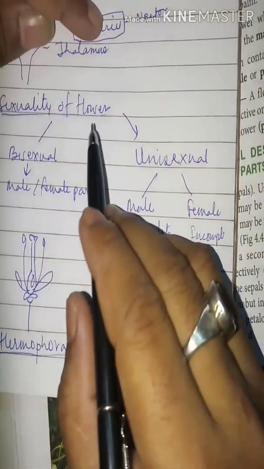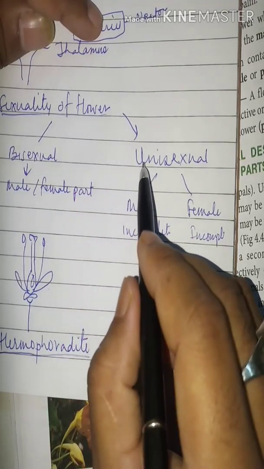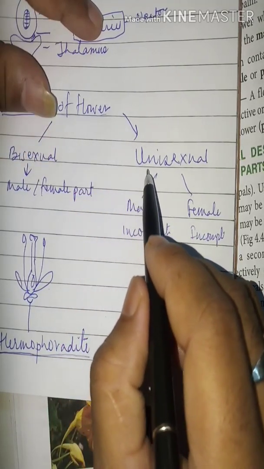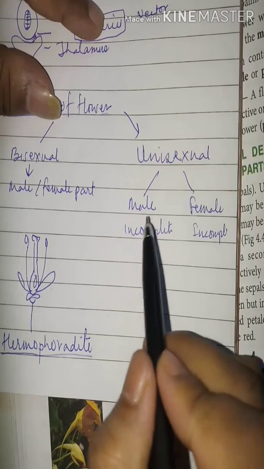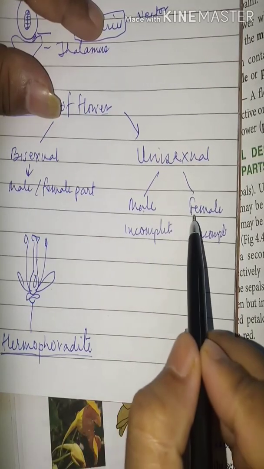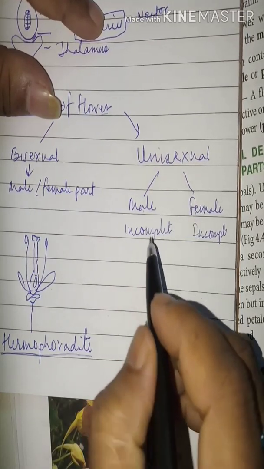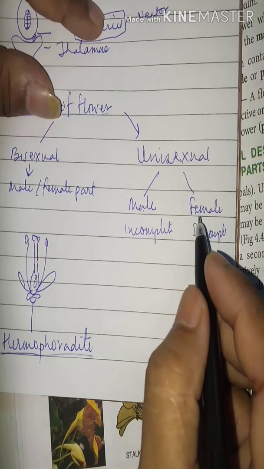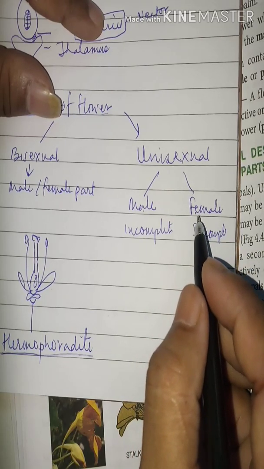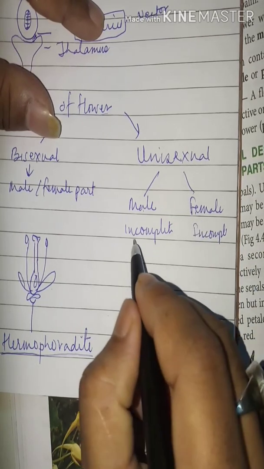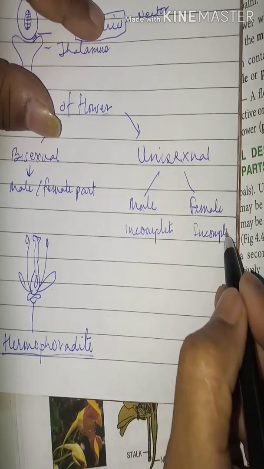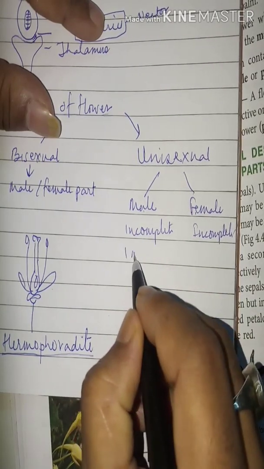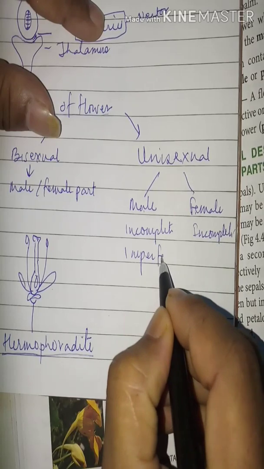Once more, sexuality of flower. On the other hand, a flower is said to be unisexual, that is male flower or female flower. If it is unisexual, it is also known as incomplete or imperfect.